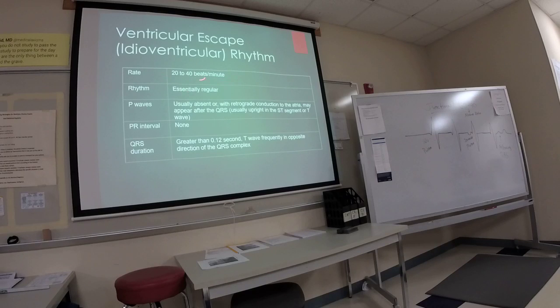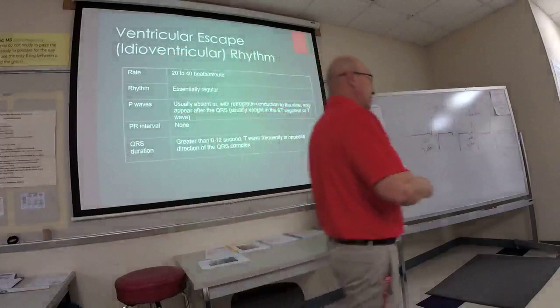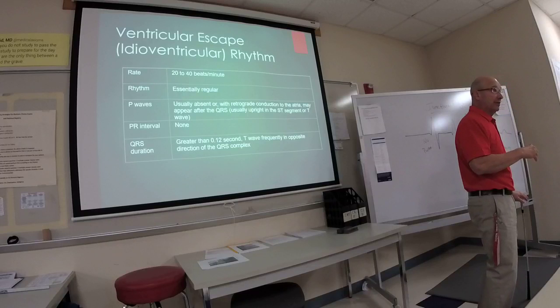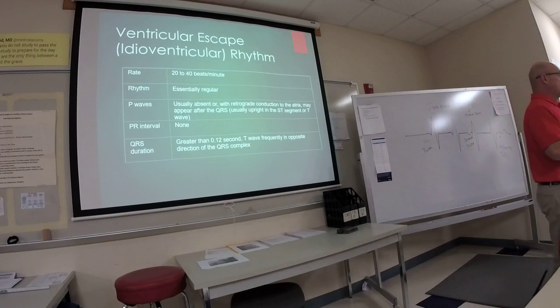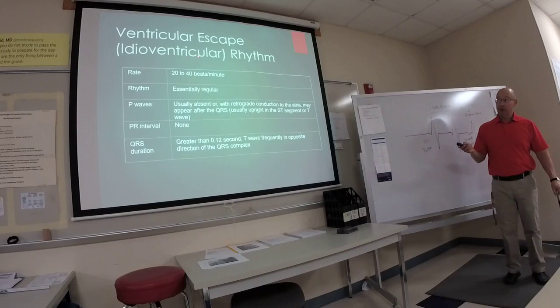Idioventricular rhythm, 20 to 40 beats, so this is the ventricles depolarizing. The SA node has stopped working, the junction has stopped working, we're in deep here, we have a problem. This patient is about to die.